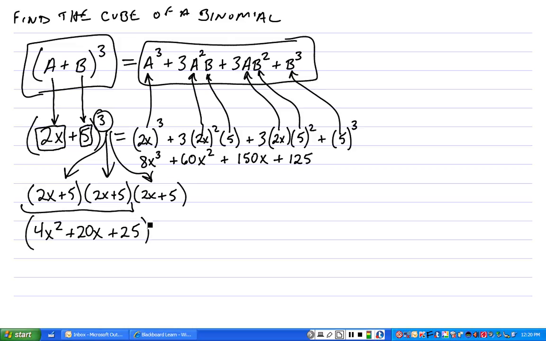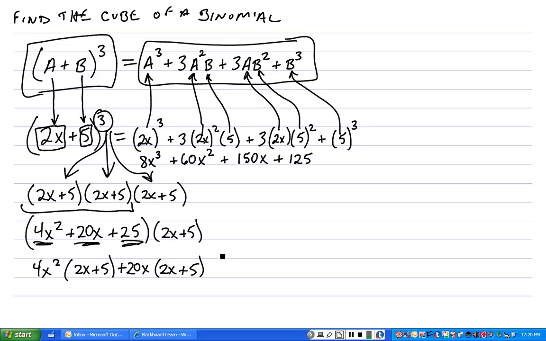Then I could take that, which is the answer here, and multiply it by the third (2x + 5). So I could say 4x squared times (2x + 5). Then I take 20x times (2x + 5).